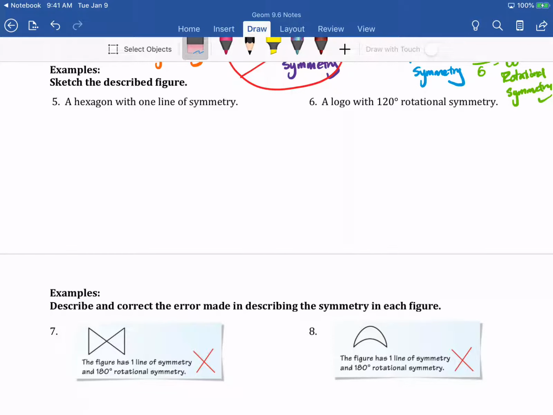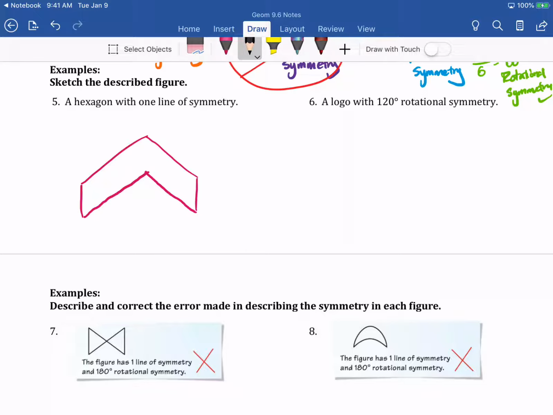We only want 1. So it's probably going to have to be a concave hexagon, which is a thing. All right, so here's one side. Here's 2 sides. 3 sides, 4 sides, 5 sides, and 6 sides. I know that's a very strange looking hexagon, but it is a hexagon. And I should make sure this goes through where it should. All right, so it's got 6 sides.